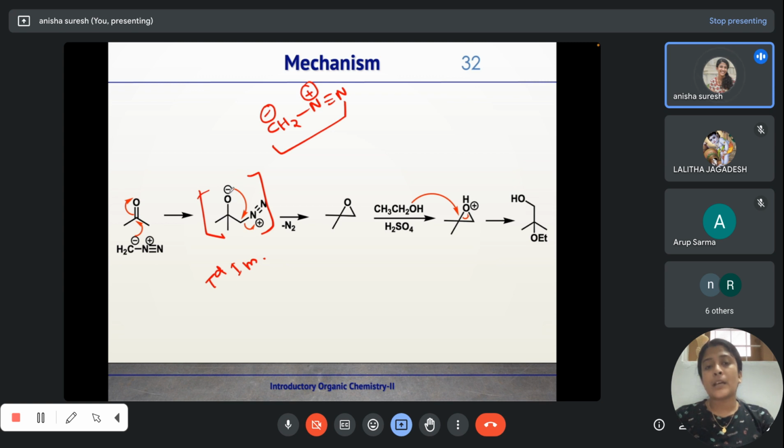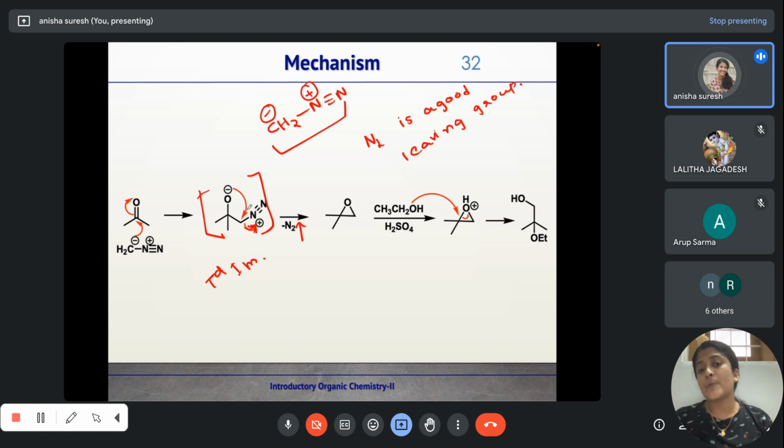Now what will happen? This oxygen will add on to this carbon where the N triple bond N is attached. Then this nitrogen molecule will be removed. We know that nitrogen is a good leaving group. So this is what is driving the reaction.